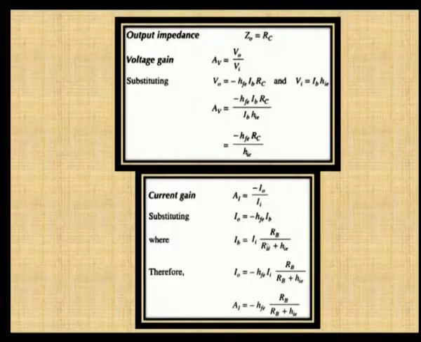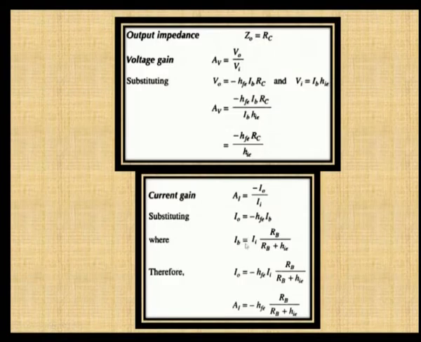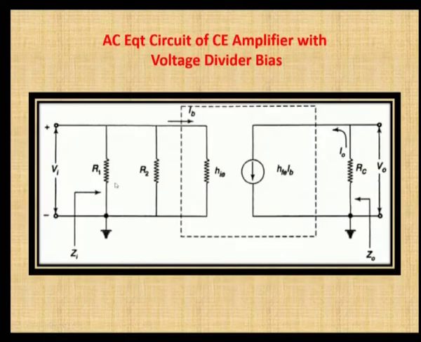IB is the input current which flows through the HIE parameter, and you have the resistances R1 and R2 here. If these two resistors are in parallel, then you can consider this parallel combination of R1 and R2 as RB.